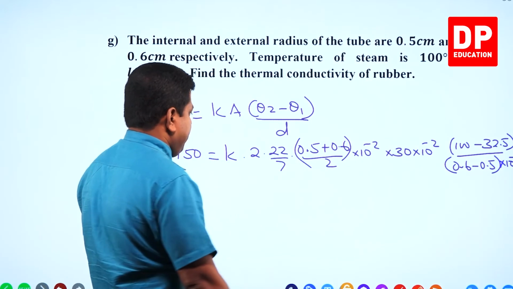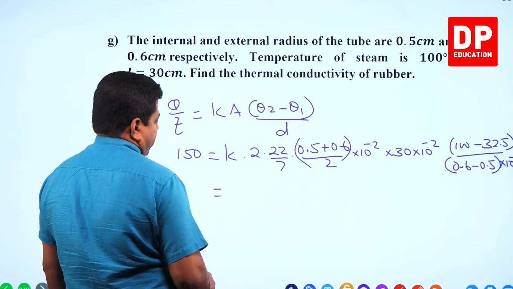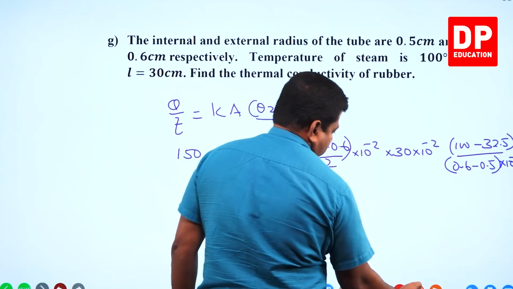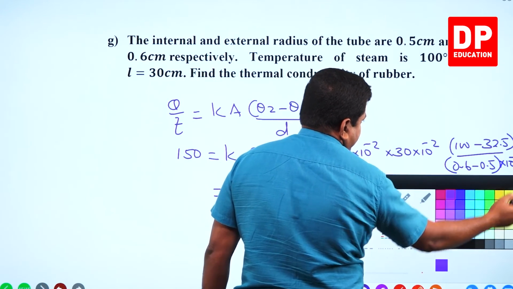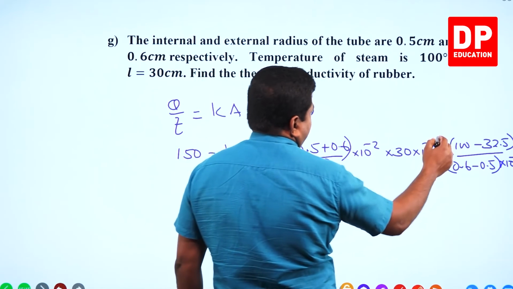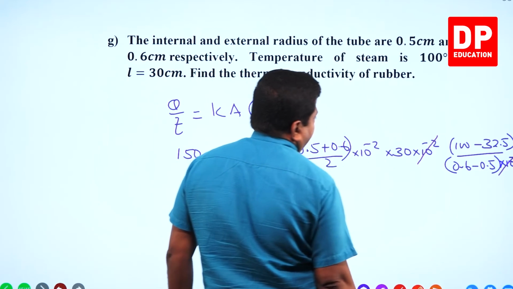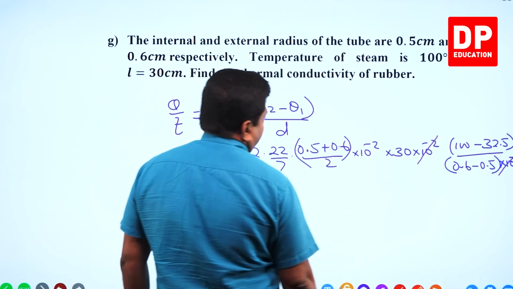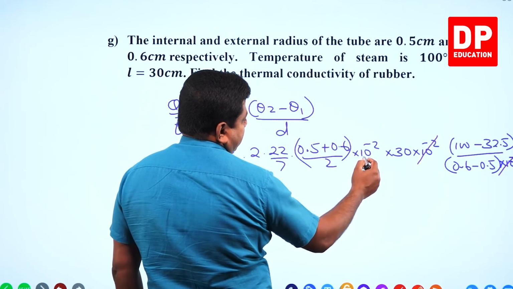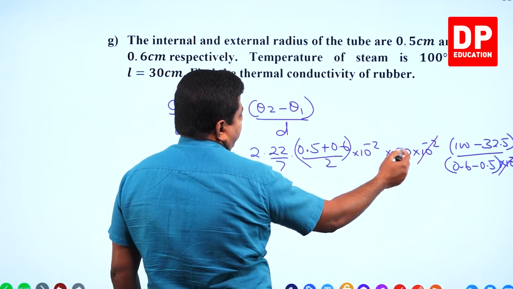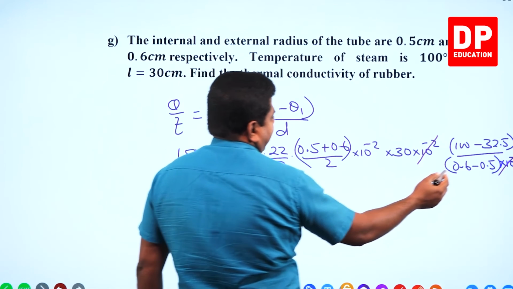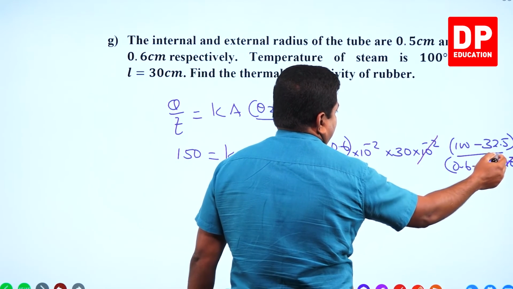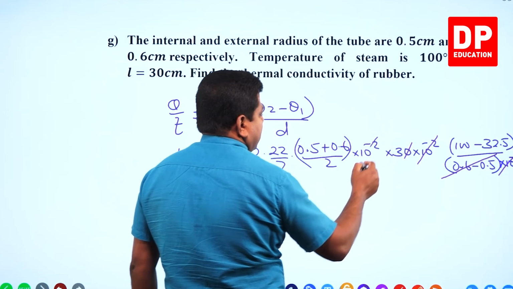Okay. Now, let's try to simplify things. This 10 to the power minus 2 and 10 to the power minus 2 can be cancelled. Then this 10 to the power minus 2 and this 0.1, which is 10 to the power minus 1, so I can cancel those. Done.